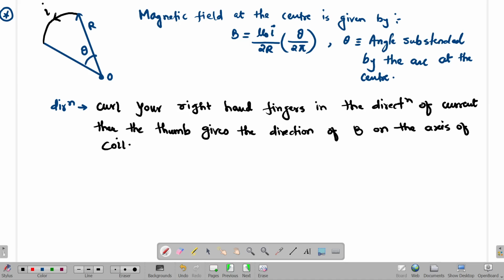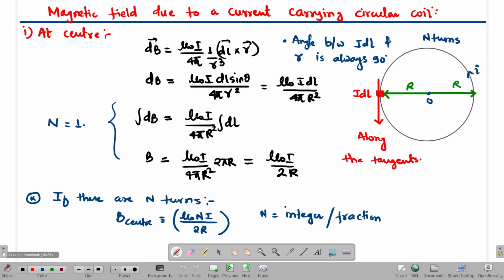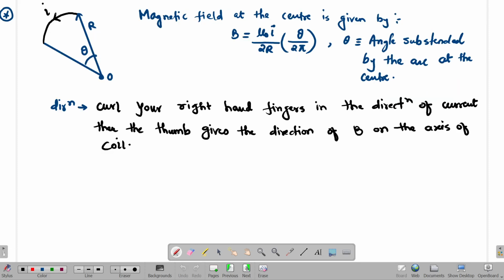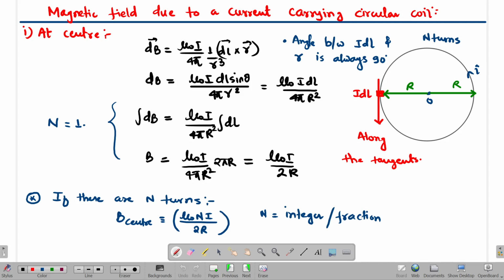Okay. Now, this was for the case of our circular coil, and we were finding the field at the center.